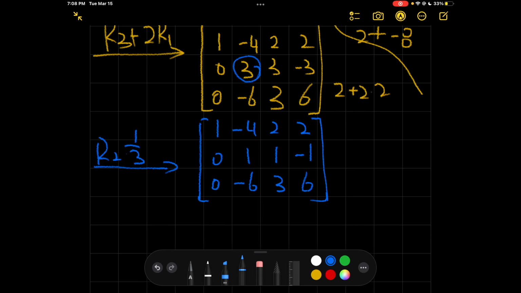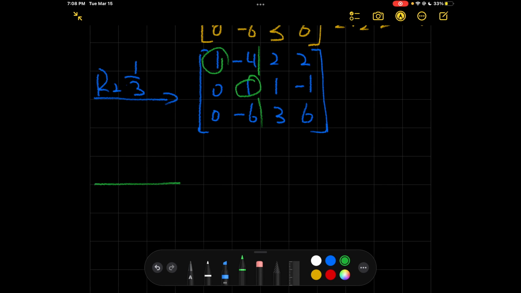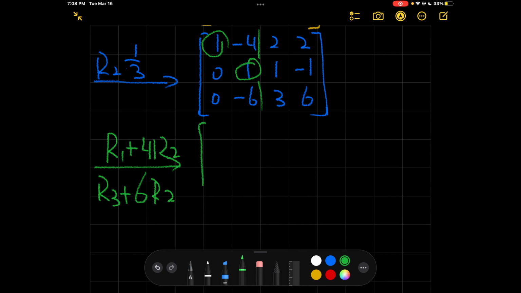Okay. Now we have another leading one and try to knock out. We can knock out those at the same time. We just have row 1 plus 4 row 2, row 3 plus 6 of row 2. We will get 1, 0, and this is 2 plus 4 of the 6, and 2 plus -4 is -2.